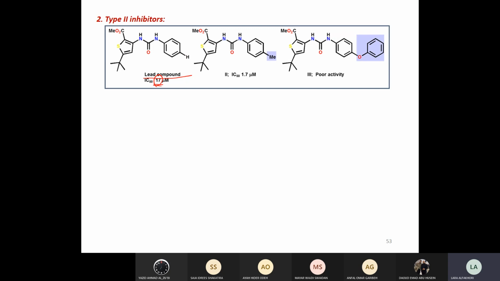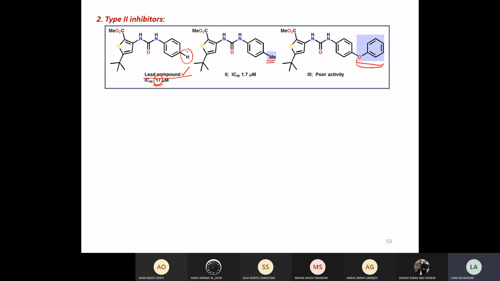Now conventionally, in our modest labs, if I have a lead compound, I make single modifications at a time. All right, that's a conventional method where for instance, for this lead compound, they substituted that hydrogen with a methyl at one time, and substituted that hydrogen with a phenoxy at another time.